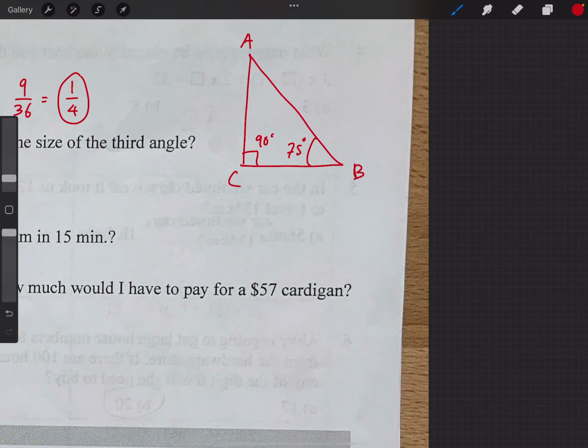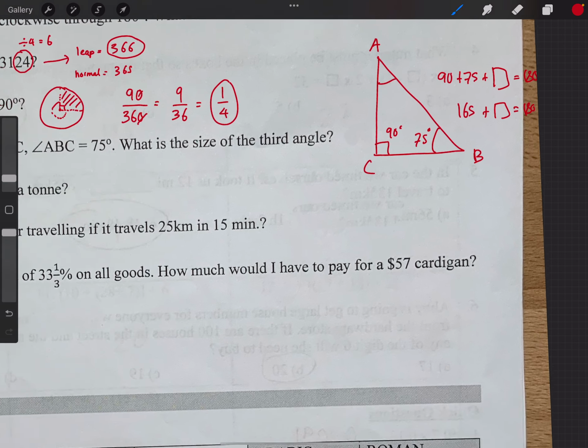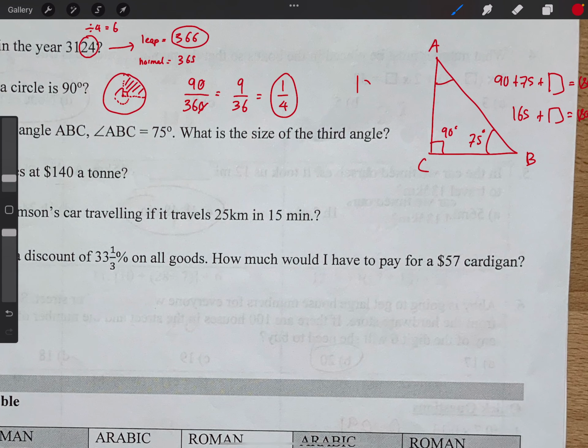So we know that these 3 angles add up to 180. So 90 plus 75 plus this last angle is equal to 180. So 90 plus 75 is 165. 165 plus what gives me 180? So all you do is do 180, take away 165 and get the answer there.